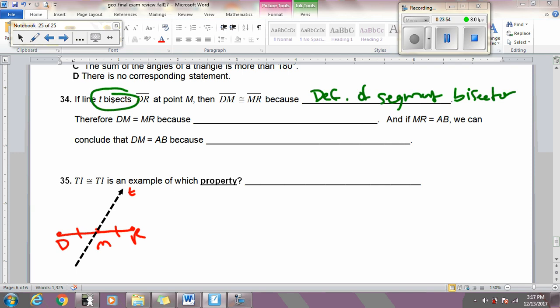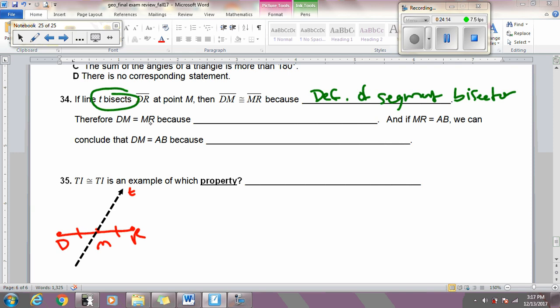If they had said midpoint, then we would use definition of midpoint. So look at what they state in the proof before you write your reason, and use some of those similar phrases in your reason. Okay?